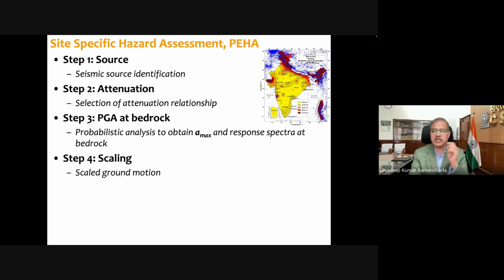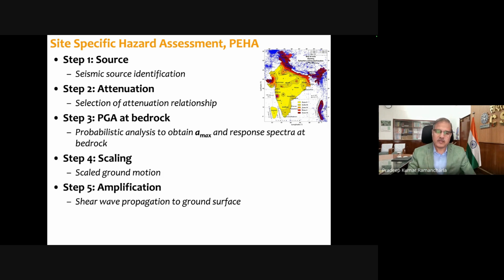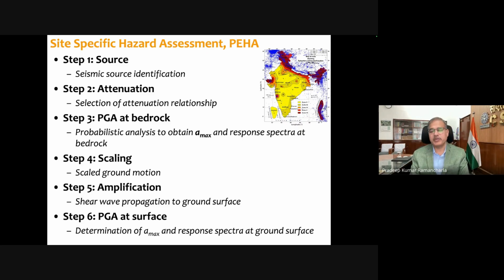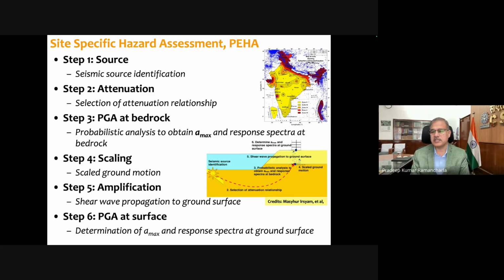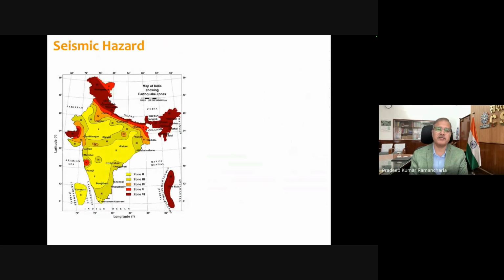Then bring that up from the bedrock level by looking at the soil conditions, using scaling laws, that is, the scaled ground motion is taken. Then after that, shear wave propagation to the ground surface. So that's how we get PGA at the ground surface. This is the schematic map of the same process. Using this, with tweaks in steps, the current hazard zonation map has been given. So that's what we are using now.